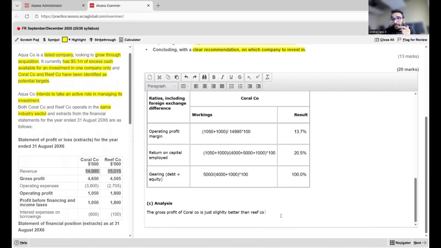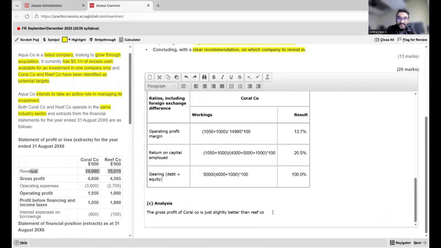So we can write maybe or might be. There are two options. One, there are chances that Coralco might be charging a higher selling price. Other, they might be having a better control over their cost of sales. There are two possible reasons.